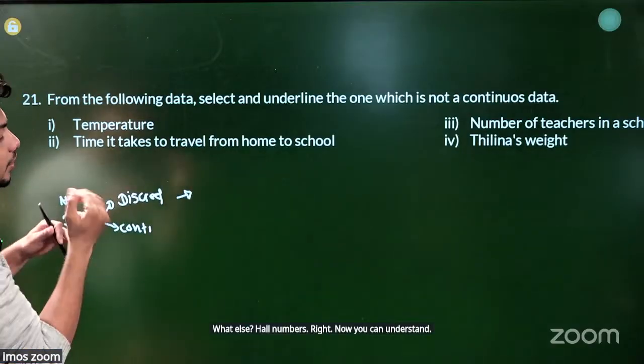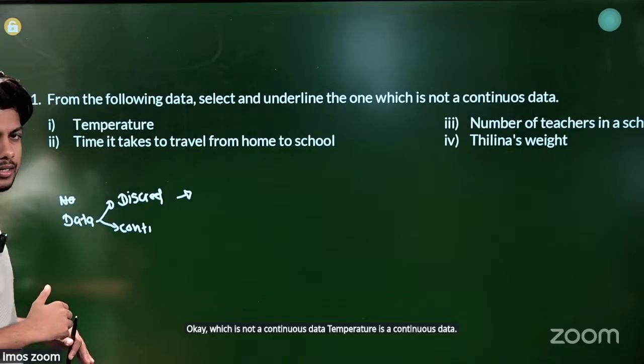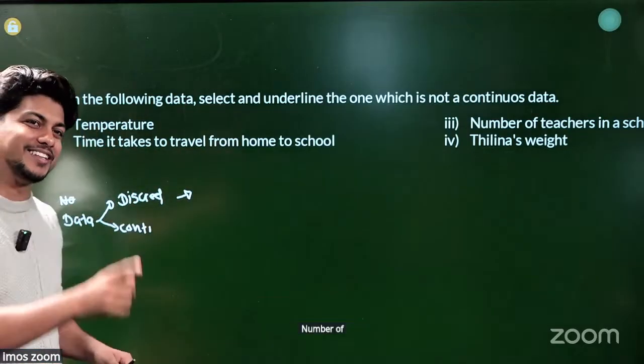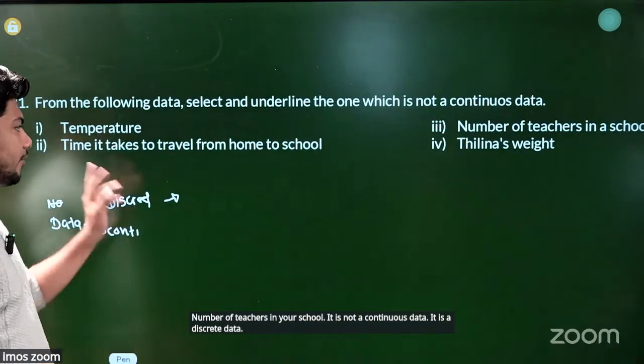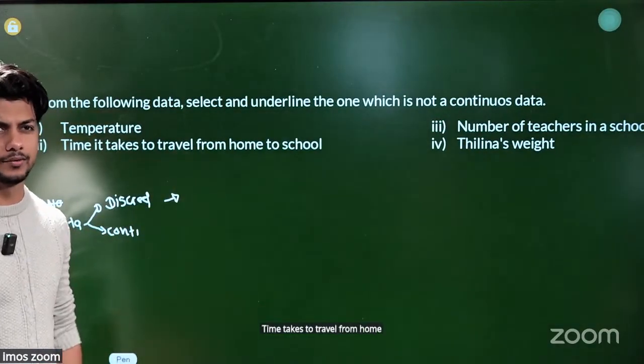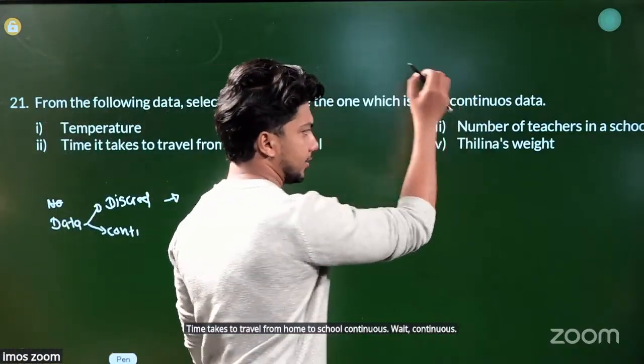Okay, which is not continuous data? Temperature is continuous data. Number of teachers in your school is not continuous data, it is discrete data. Time taken to travel from home to school, continuous. Weight, continuous. So this is the answer. Turn on the chat.